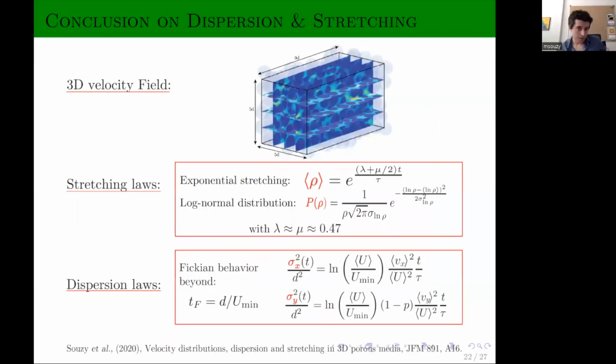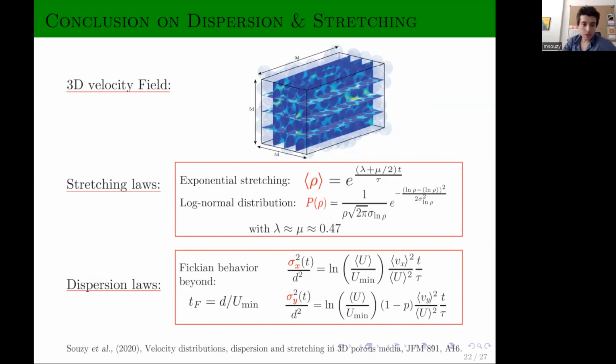As a summary, by experimentally characterizing the flow kinematics within the bulk of a 3D porous media, first we get access to the 3D velocity field. And from this, we can infer a lot of information about the advection process and how it sets the stretching and dispersion processes.